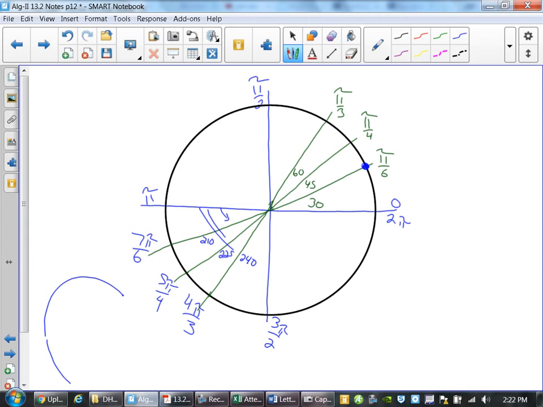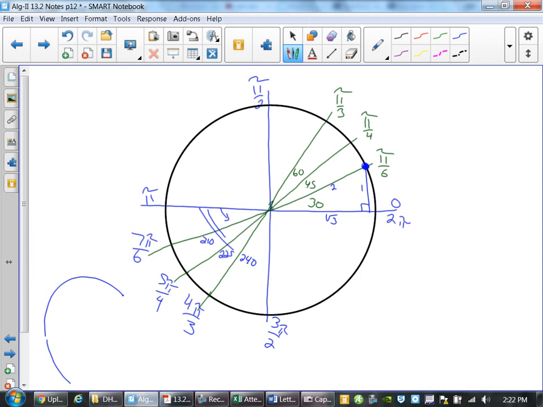In that grid, in order to calculate that, you'd have to drop a perpendicular to create a right angle. Therefore, I create a 30-60 right triangle. And I know my opposites and adjacents from that, because this would have to be a 1, this would have to be a root 3, and this value would have to be 2.